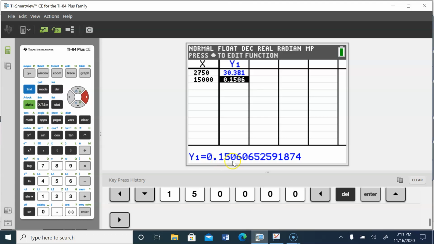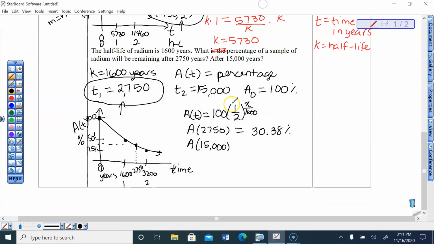So that's about 0.15%, actually 0.15. And these are approximations, so I'm going to go ahead and use an approximation symbol.